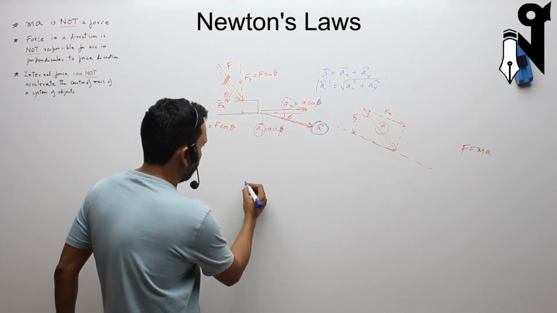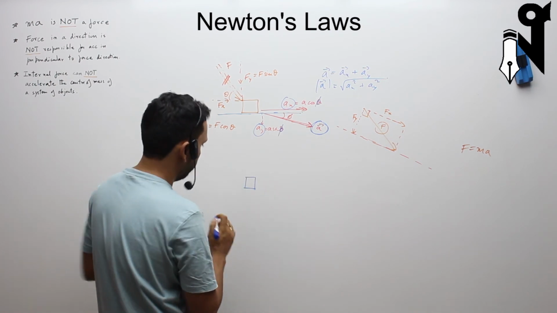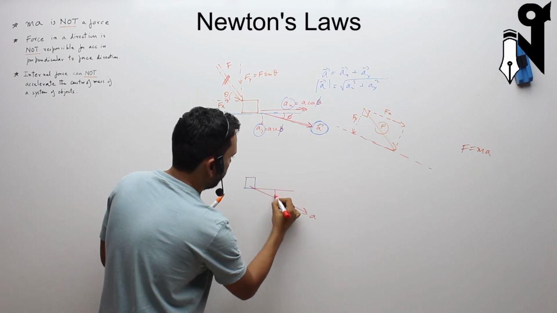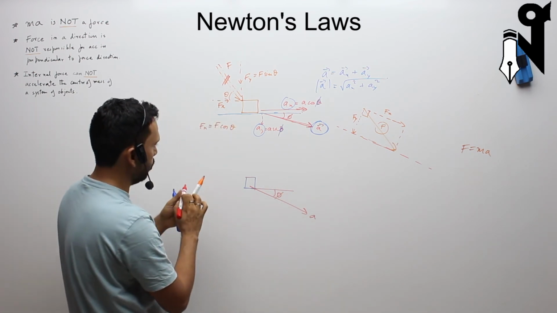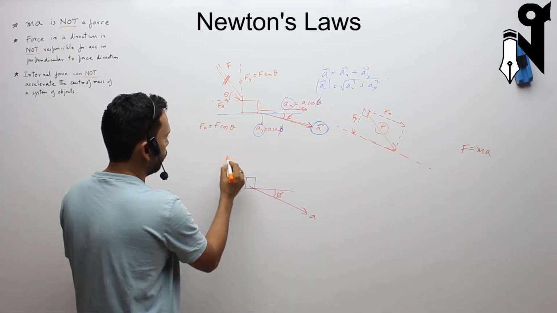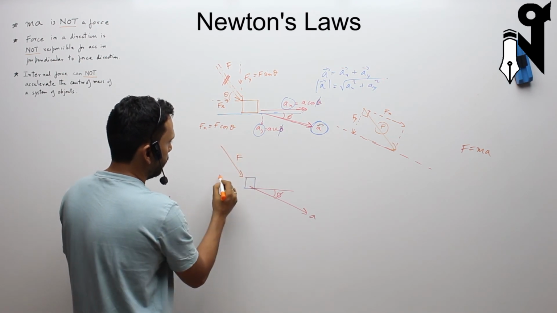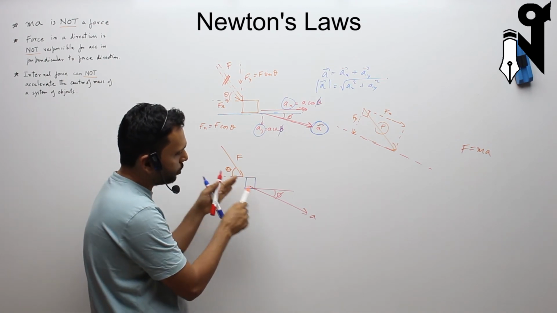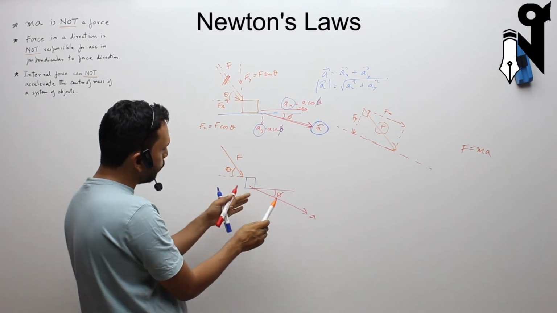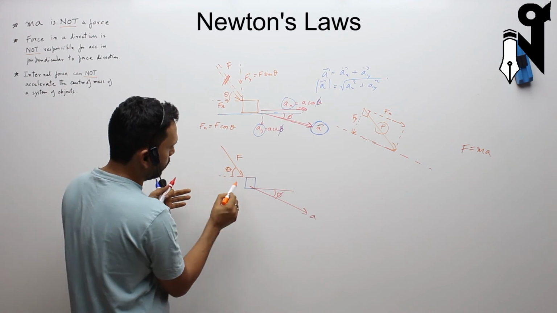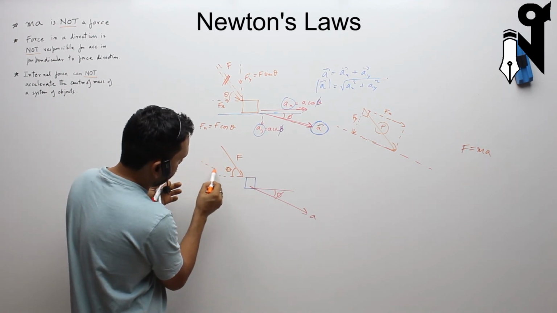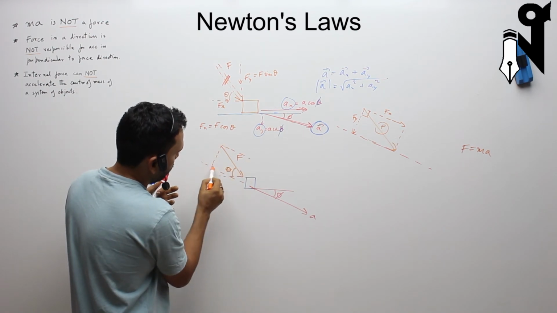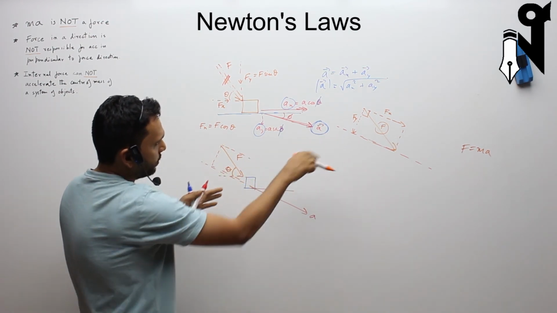Now the other way of dealing with the same situation: your body is going in that way at an angle phi, which is maybe known, maybe unknown, and you had a force in this direction, f, at an angle theta. Now if you know the direction in which the body is going, it would be best to resolve this force in two directions. One is along the acceleration and the other one is 90 degrees to the acceleration. I've already shown it over there, I think. Yeah, it is there.